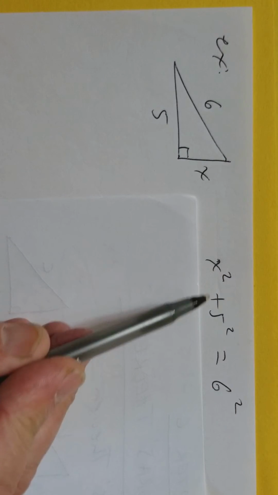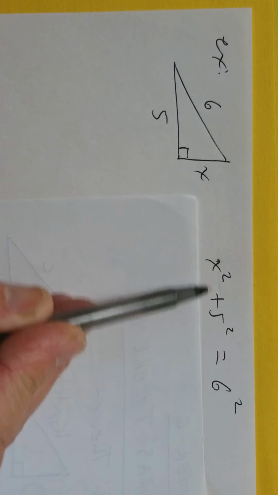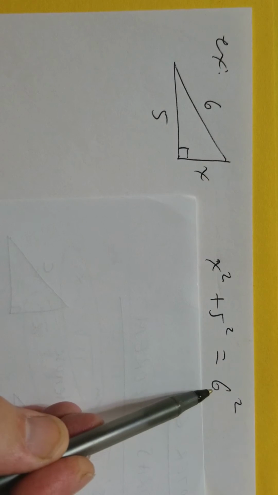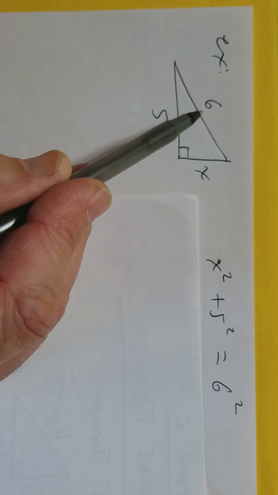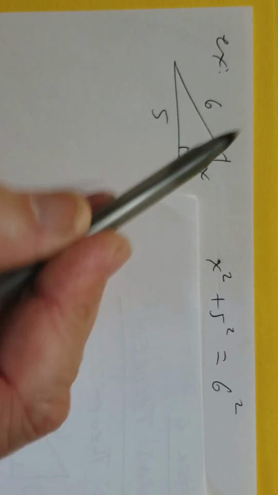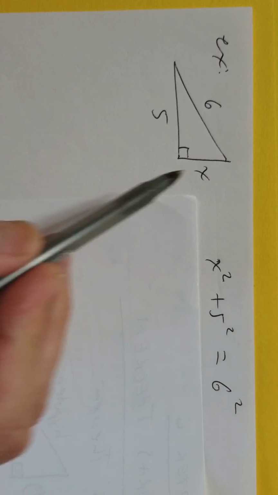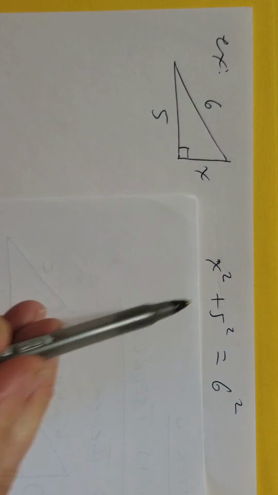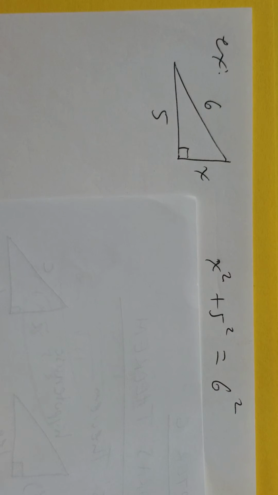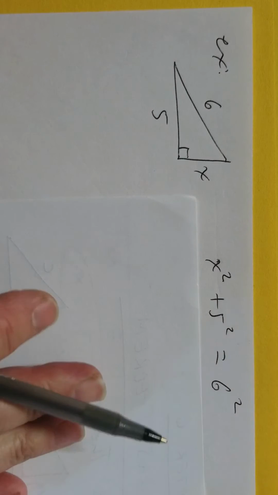Remember? Leg squared, leg squared. So we have to put the legs here, and outside here by itself is the hypotenuse, which in this case happens to be 6. In the other case it was x. Now the leg is x and the hypotenuse is known. So we square everything, because that's what the formula says.